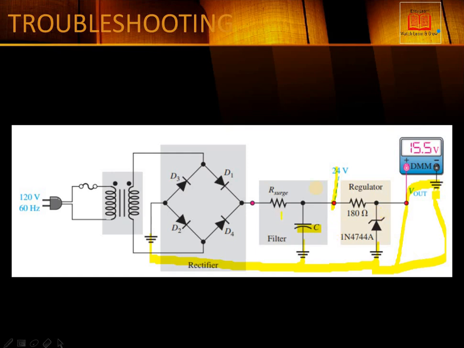So we take this resistance value as 180 ohm after calculation. If you don't know about the calculation, go to the previous video, because we are not going to discuss the calculations once again here, but we will discuss it very precisely.